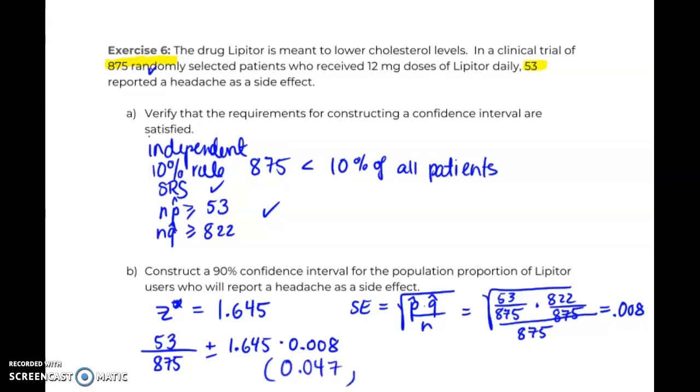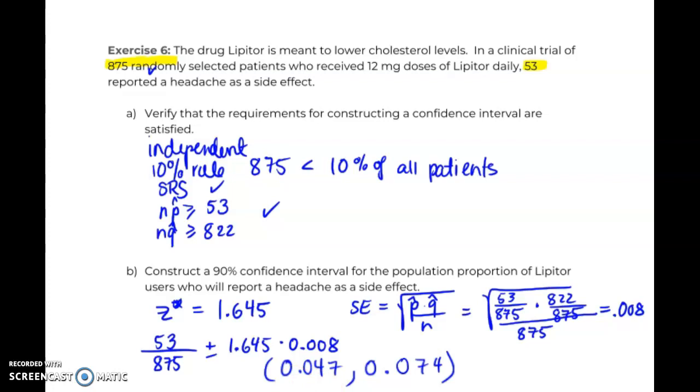Taking 53 over 875 plus 1.645 times 0.008, we end up with an upper value of 0.074.